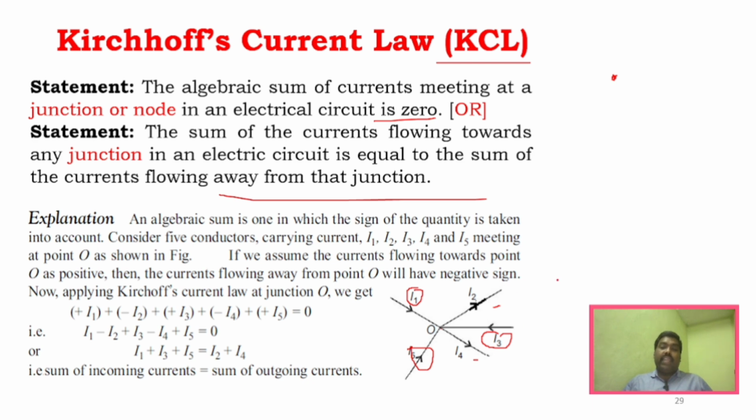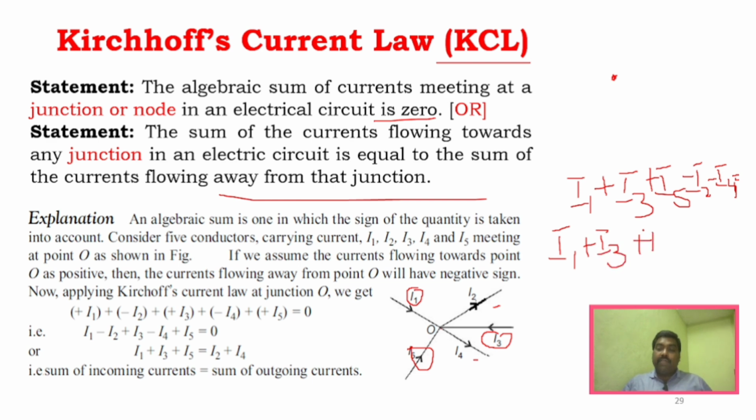So we can write it this way: current entering the node is I1 plus I3 plus I5, whereas leaving the node we consider as negative sign. So it can be represented as minus I2 minus I4 equal to 0.